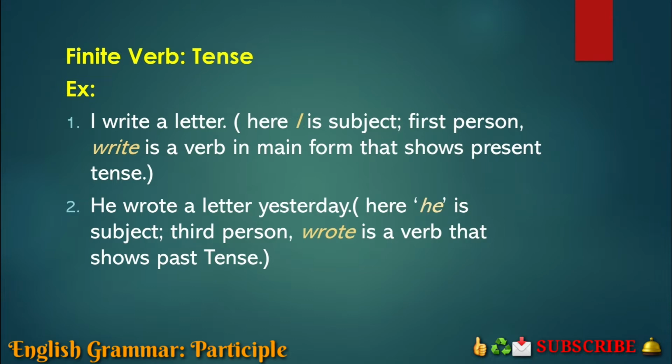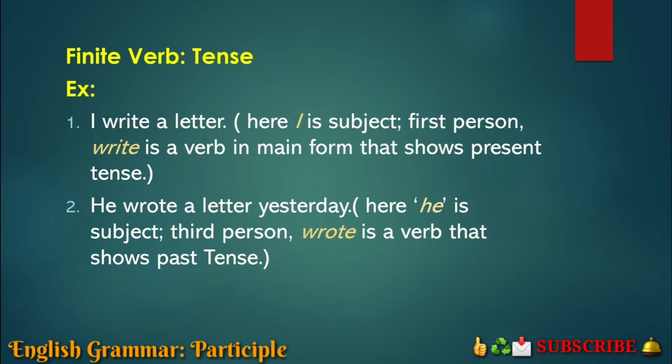Here, he is a pronoun that is in third person. He, she, it are third person. And wrote is a verb in the past tense. So here the verb changes from present tense to past tense, that is write to wrote, if time or tense changes.